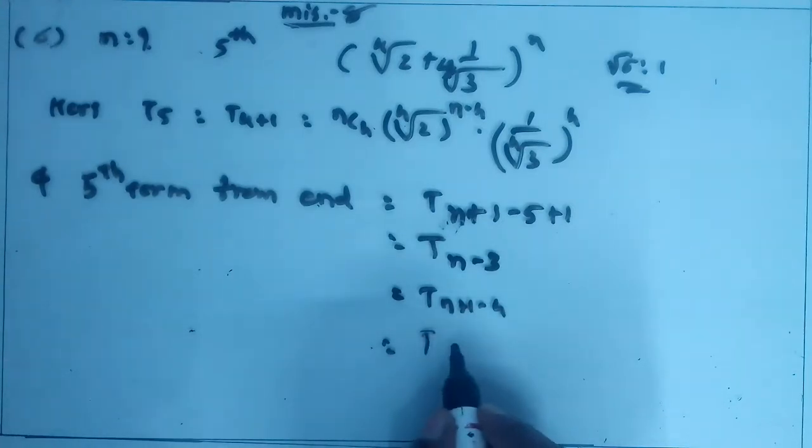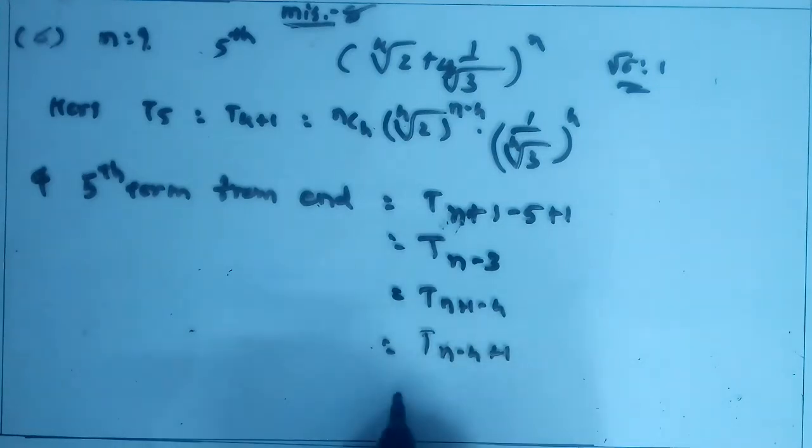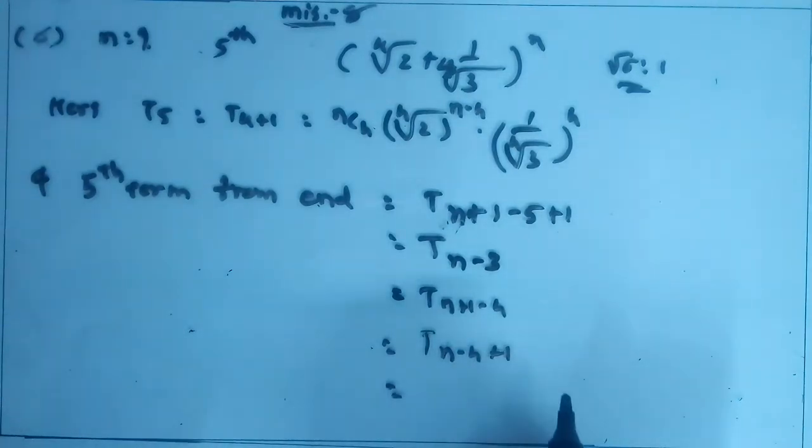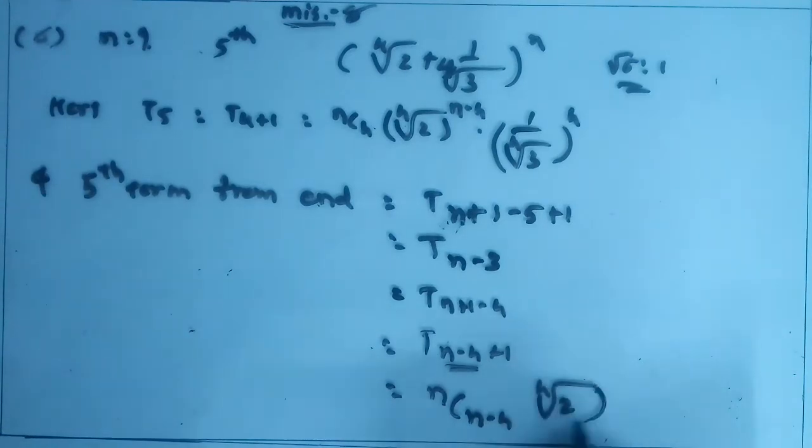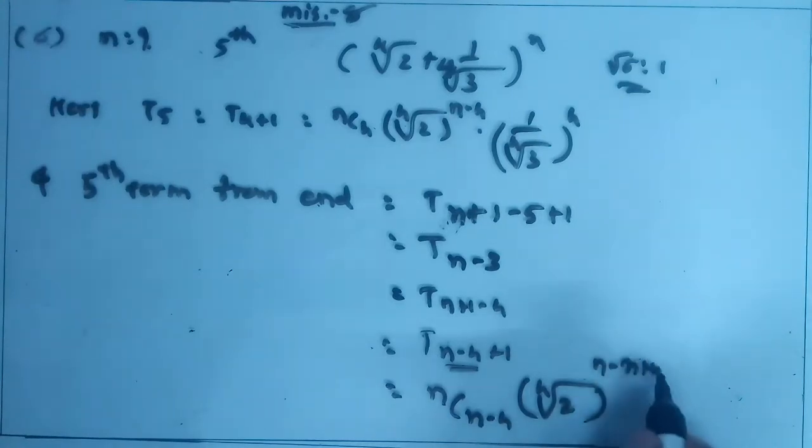So T, take this side, n minus 4 plus 1. So is equal to, here n minus 4 is equal to r. So NC r is equal to NC n minus 4, fourth root of 2 raised to n minus n plus 4.